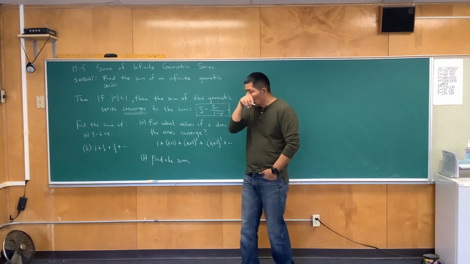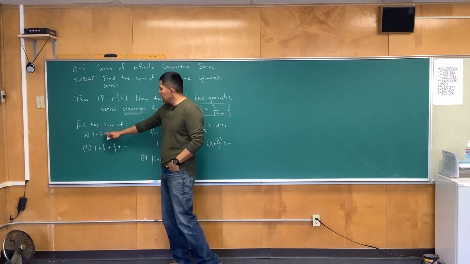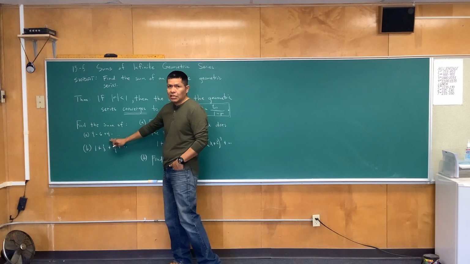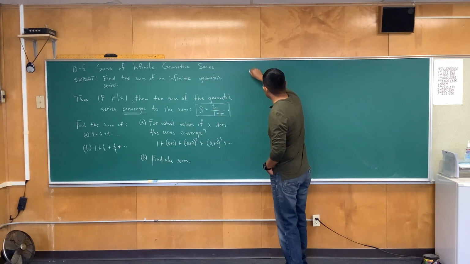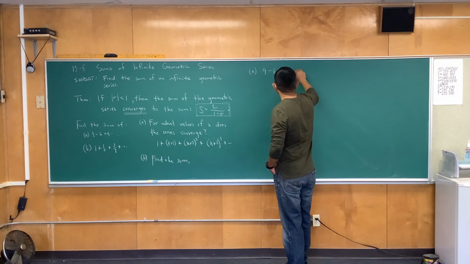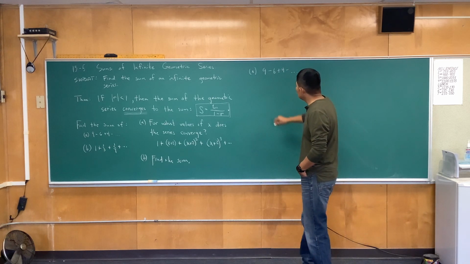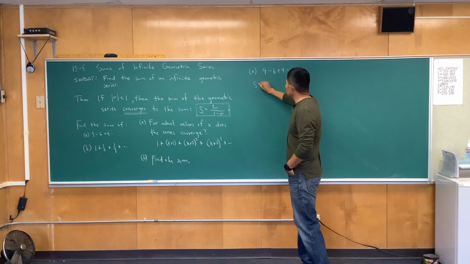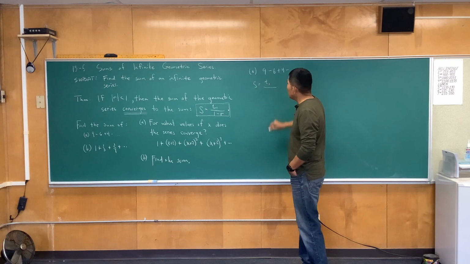Okay? So basically, what we're going to do is find the sum of this series right here. So, homework example 1, we have the series 9 minus 6 plus 4 minus and so on. So, if we're going to find the sum, we need to know the first term, and we need to know what r is.